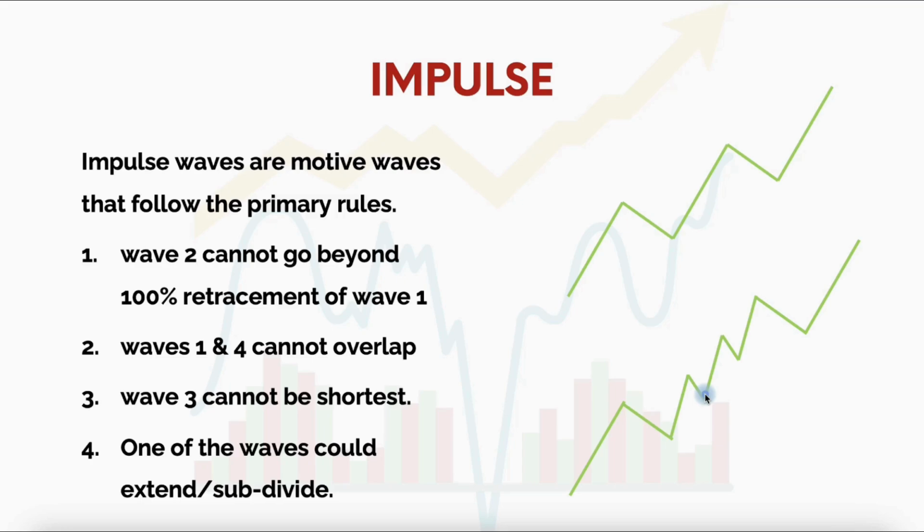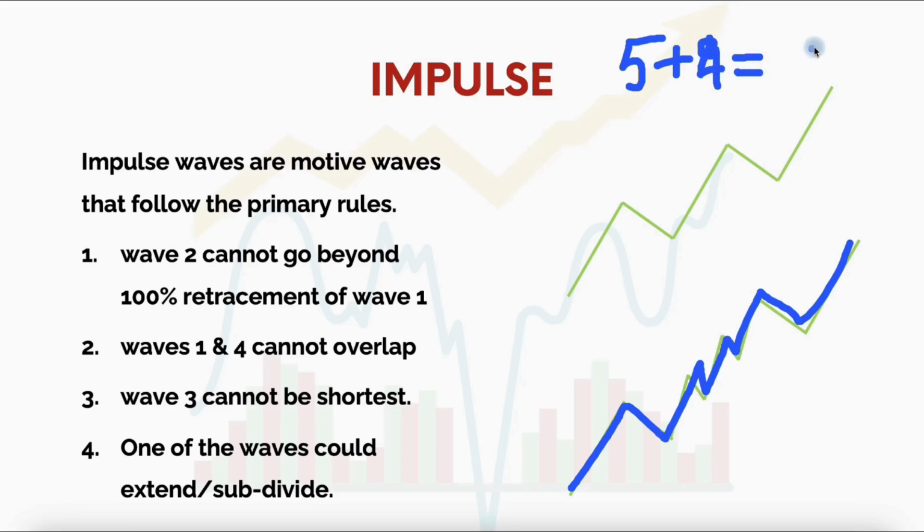So in this case, when we say 5 waves, it is a primary trend up, but here you will have 1, 2, 3, 4, 5, 6, 7, 8, 9. So 4 waves are added into this.